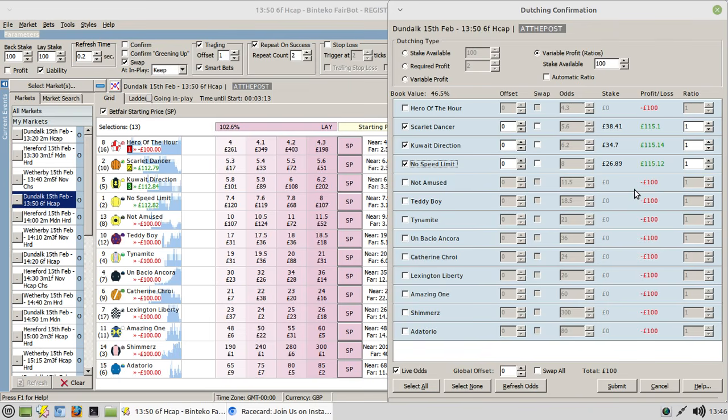Now, given that Scarlet Dancer is drawn in 10, so they've drawn outside as opposed to Q8 Direction and No Speed Limit, if we think about that draw bias website, it would tend to favour these two over that one. So you might want to actually just provide yourself with a little bit of insurance on Scarlet Dancer, which is the way I'm going to go for this particular race.